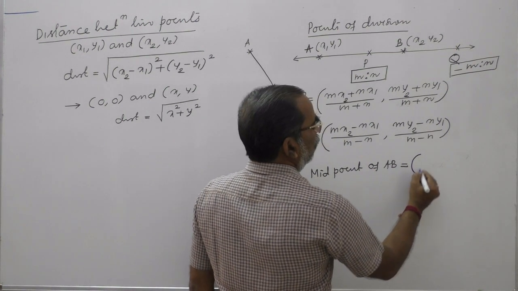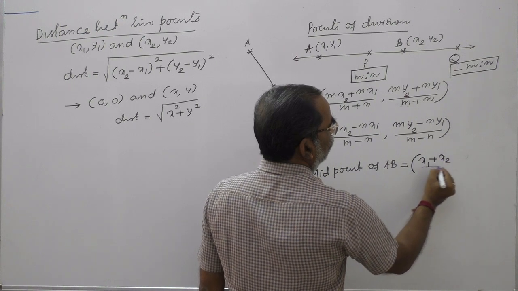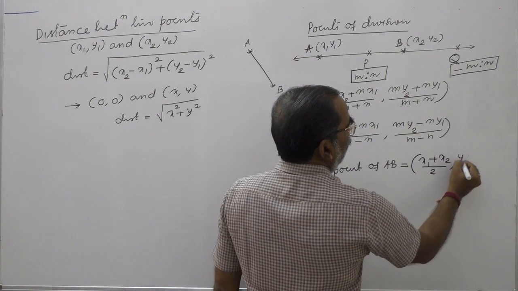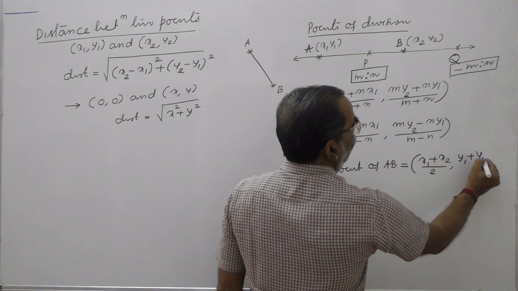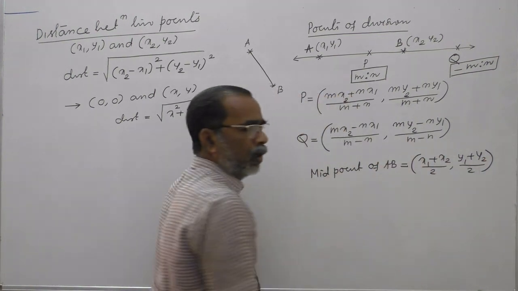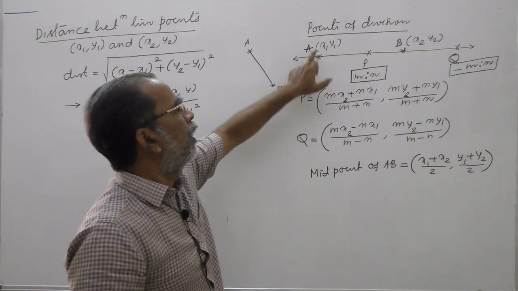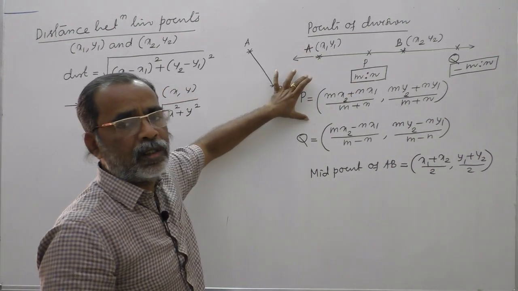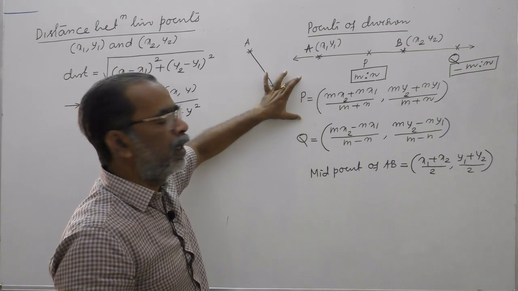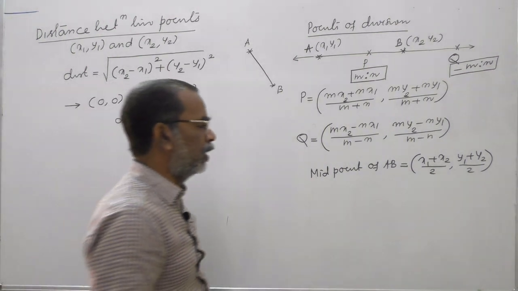So what is the midpoint? It is (x1 plus x2) by 2 and (y1 plus y2) by 2. This is the midpoint. So these are the points of division. If a line segment is given, this is the procedure to find the internal point, external point and midpoint.